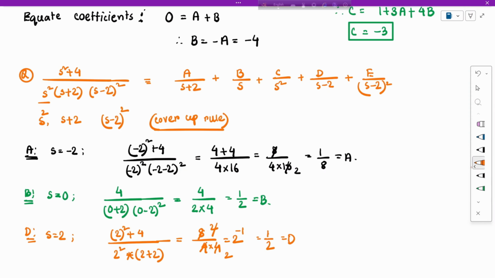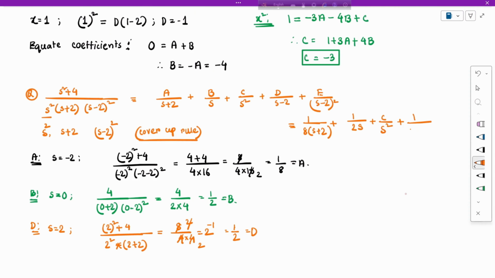Okay, so we have found the values of a, b, and d, and our resultant expression will become like this: 1 over 8 times s plus 2, 1 over 2 s, c over s square, d, which is half of s minus 2, plus e over s minus 2 whole squared.